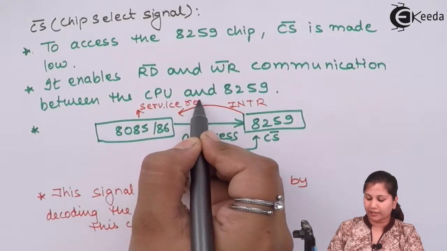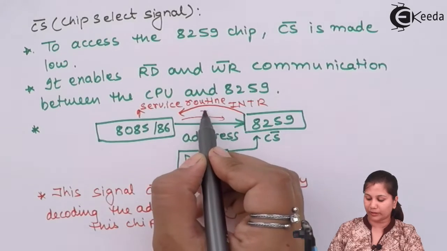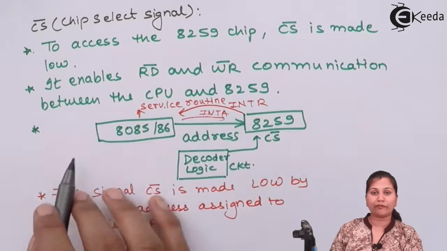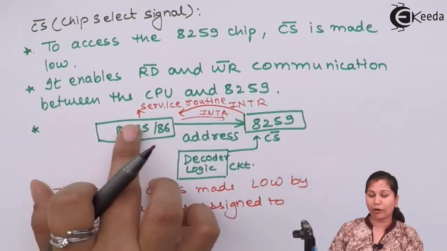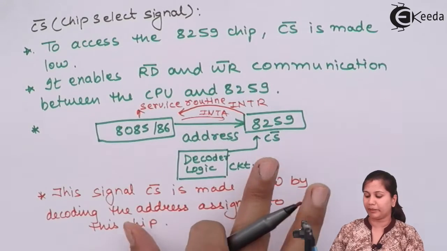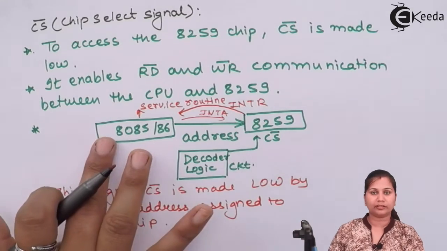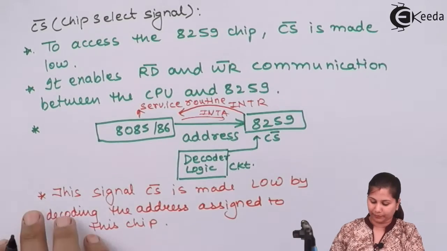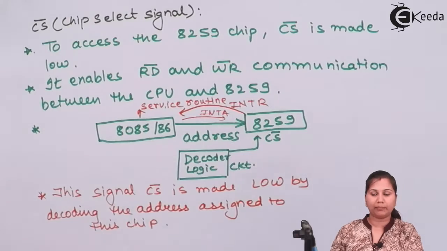Then it is going to send signals also, like INTA acknowledgement signals, for the end of execution of this service routine. So all the functions which are performed by the microprocessor are independent of this CS bar signal. They are not interfered with by this chip select signal. This was the first signal, available at pin number 1 of the 8259 IC.